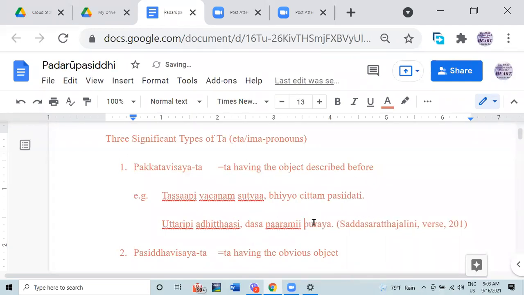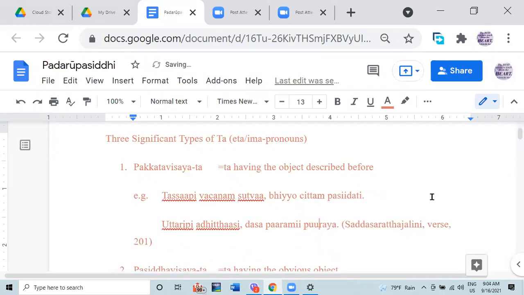Dasa parami puraya. I should follow this way. I don't know how to type special Pāļi forms. So tasabi vajanan saudawa means after hearing the word, the speech of that person, bayo chaitan pasidati.